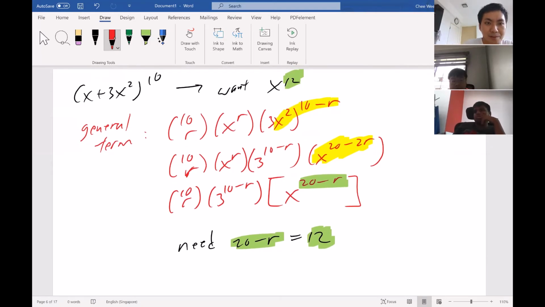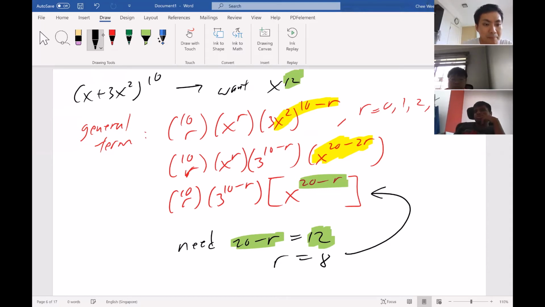And from here, r is equal to 8. And 8 is actually a legitimate value here. Under here, r can actually be 0, 1, 2, dot, dot, dot until 10. So r can be any integer between 0 to 10. And if r is 8, I will jackpot already.